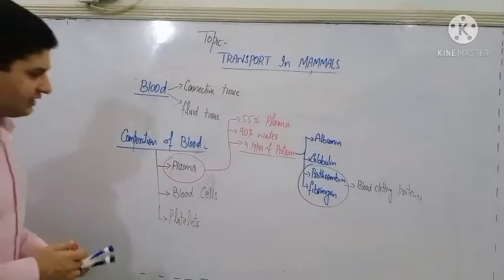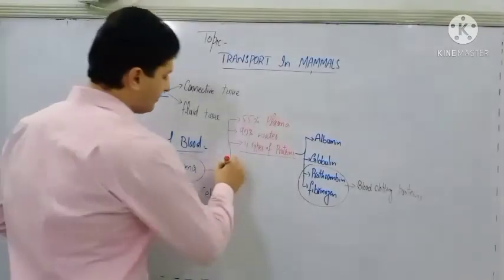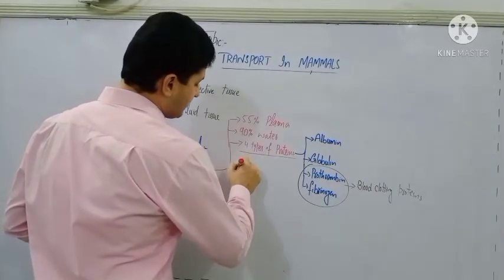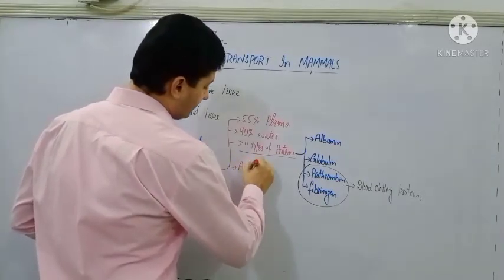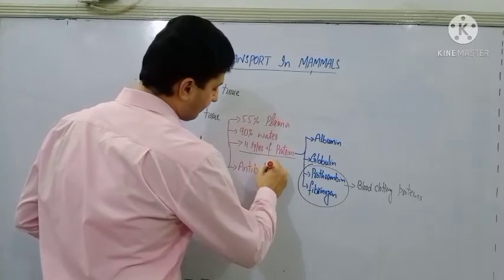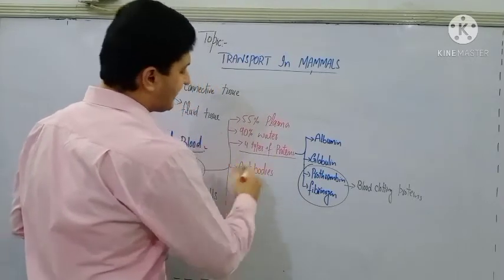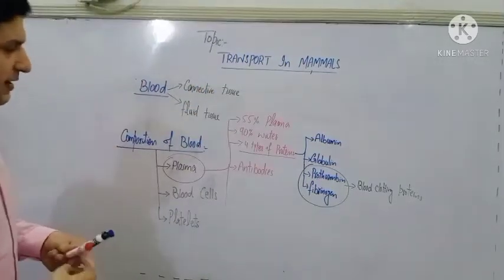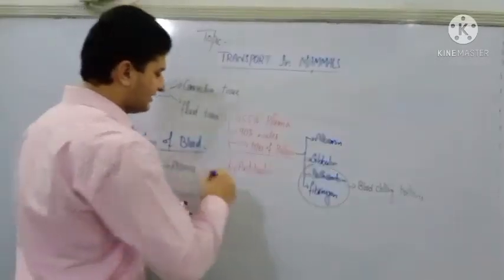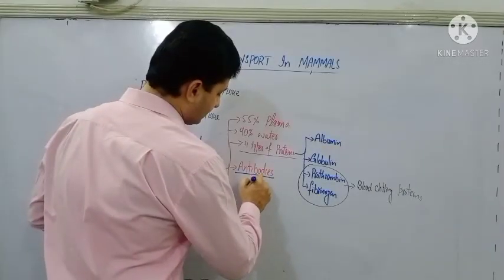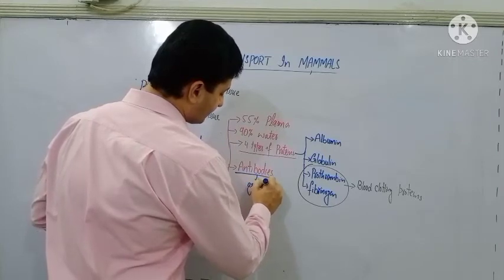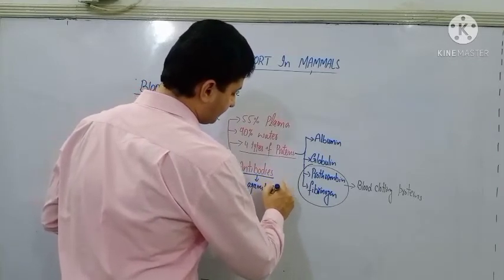Then the other thing that plasma has is antibodies. We know that antibodies play a major role against pathogens.